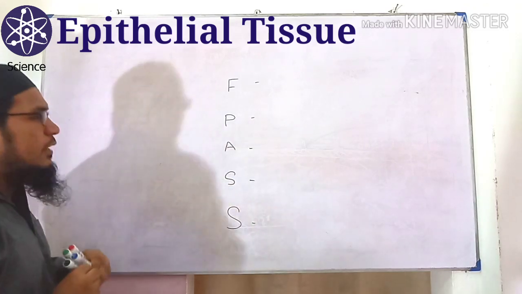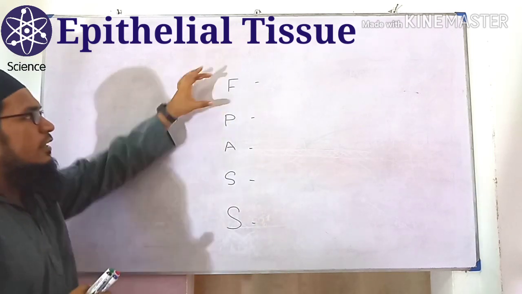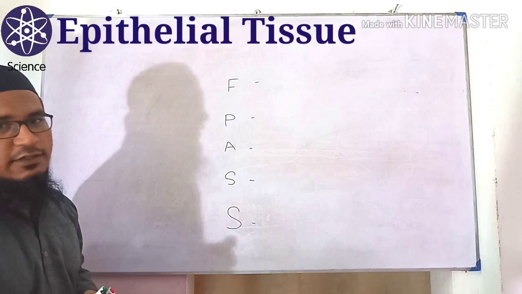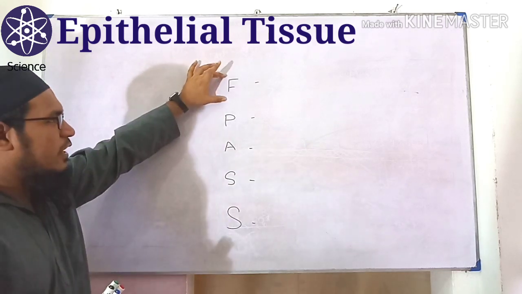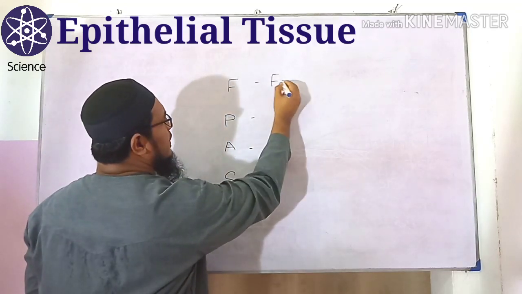If you don't remember the functions of the epithelial tissue, you might get a FAIL for your results. Okay. So remember FPASS. F for filtration.